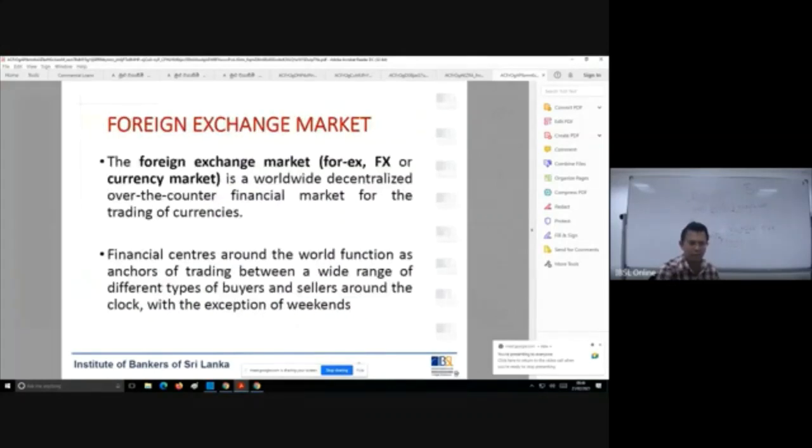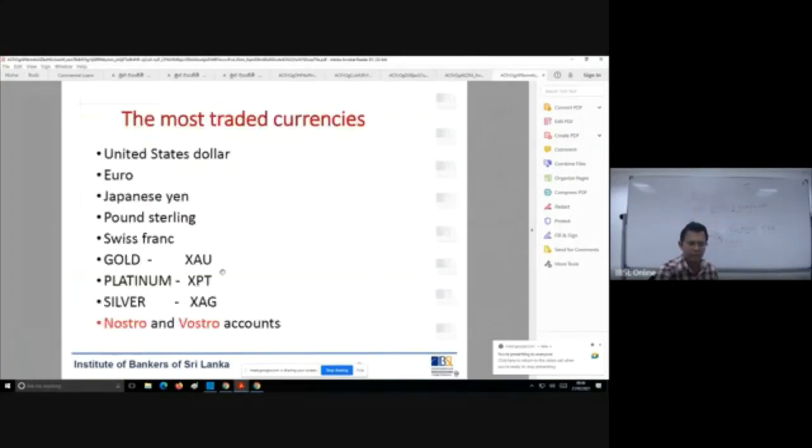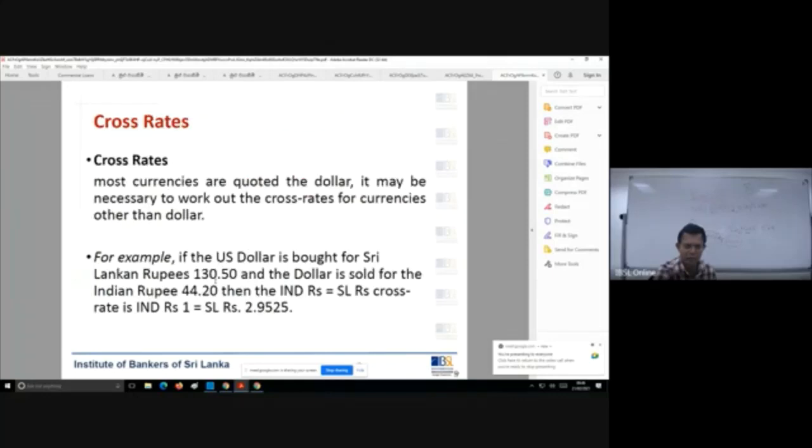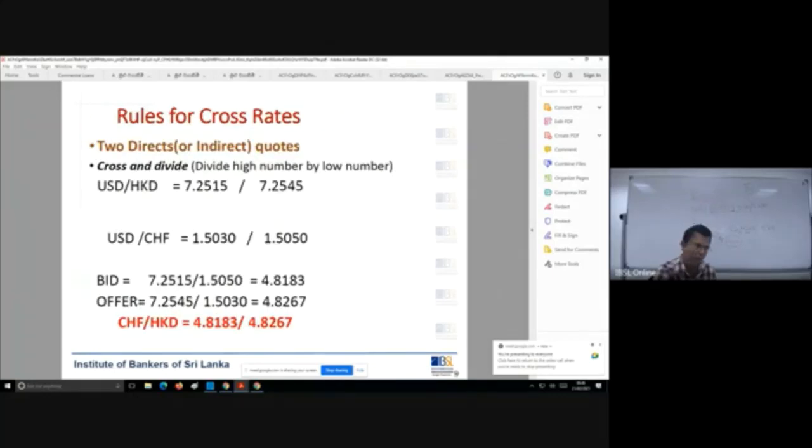I have given the special features. Remember Nostro and Vostro, that is important for you to understand and remember. Cross currency, remember, and also the two direct. If two direct currencies are given, it's easy, right? And cross and divide, same thing.